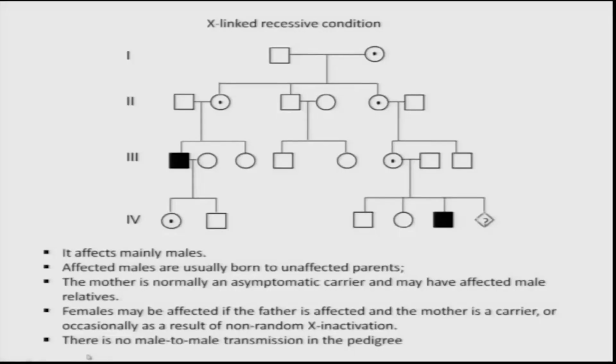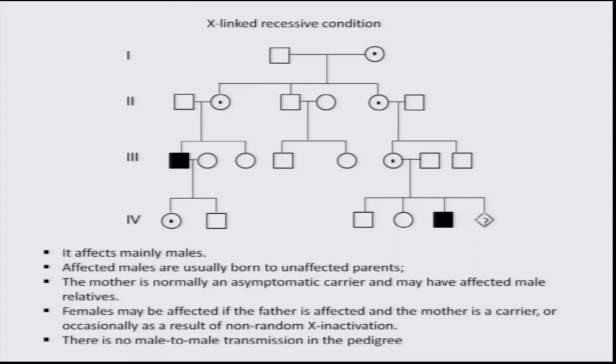So, what is important here is that in this kind of inheritance, you will not find male to male transmission. In any generation, you will not find a male transmitting the phenotype to a male in the next generation. That is not possible because it is on the X chromosome, right. So, if you look at the phenotype and it does not segregate that way, then you can call the phenotype X linked recessive.